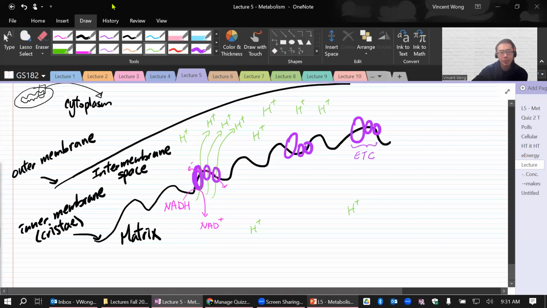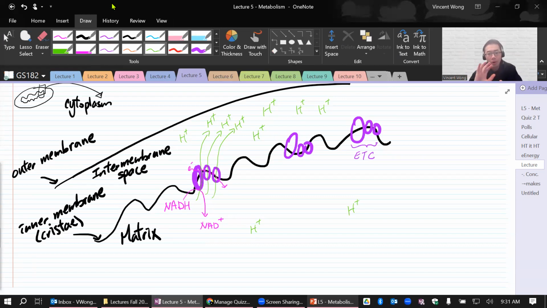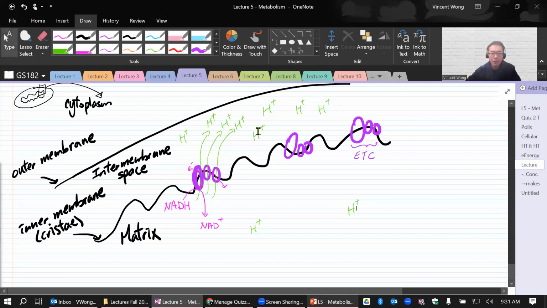So I want to ask you, where does the H plus want to go? If you leave them be, do they want to go from the intermembrane space into the matrix, or from the matrix into the intermembrane space?